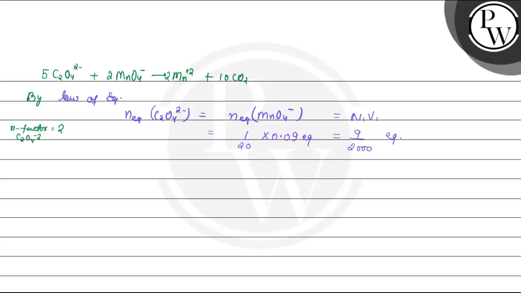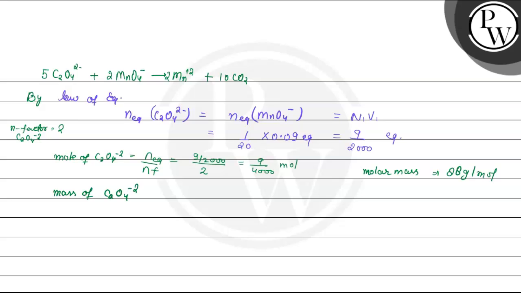So moles of C2O4 2 minus is equal to the number of equivalents upon n factor, so it is 9 by 2000 upon 2, which is 9 by 4000 mole of C2O4 2 minus. Now the molar mass of C2O4 2 minus is 88 gram per mole.